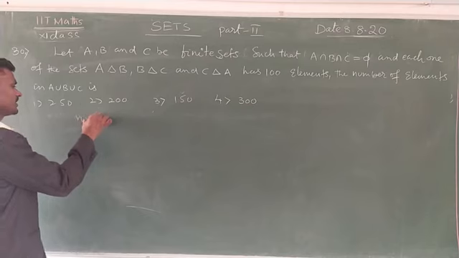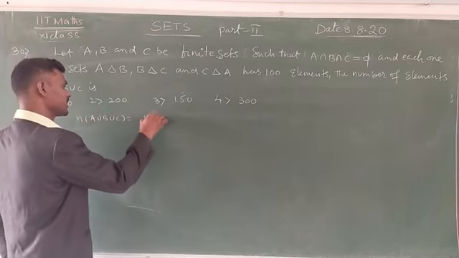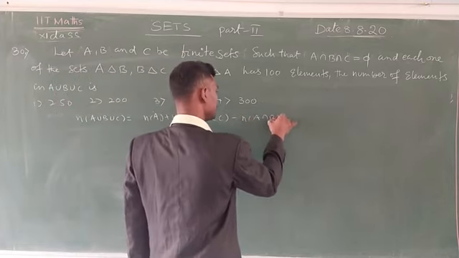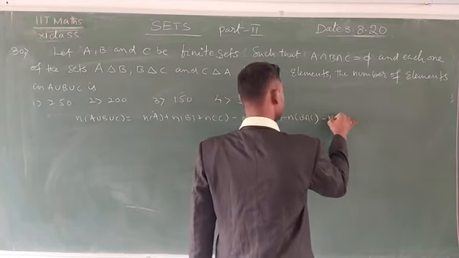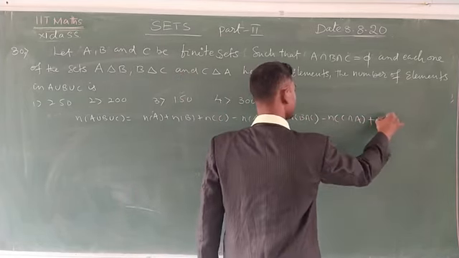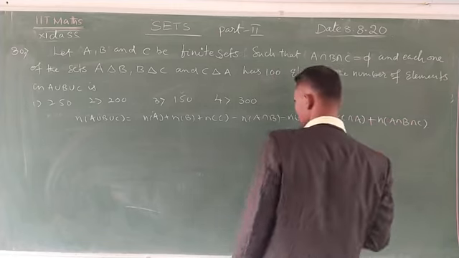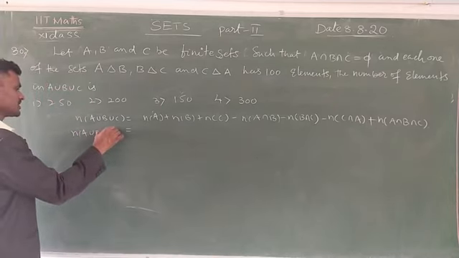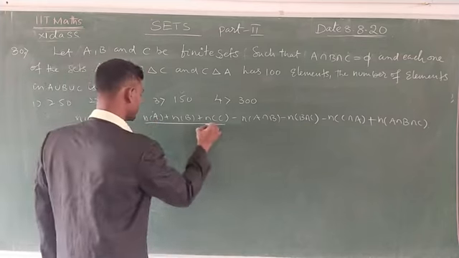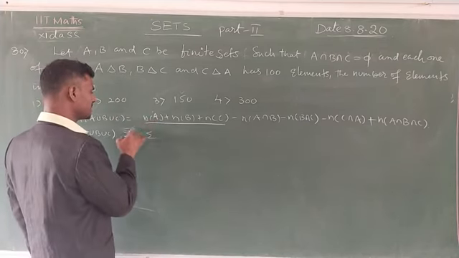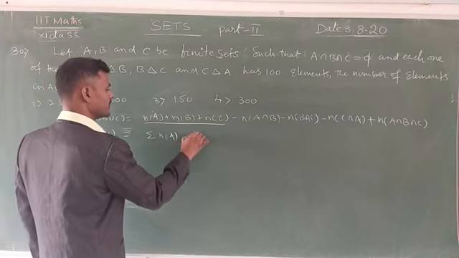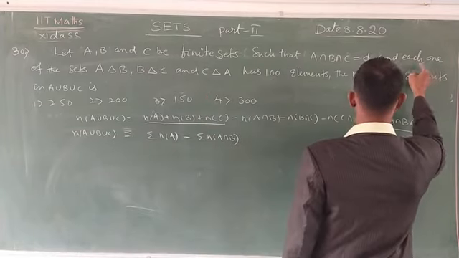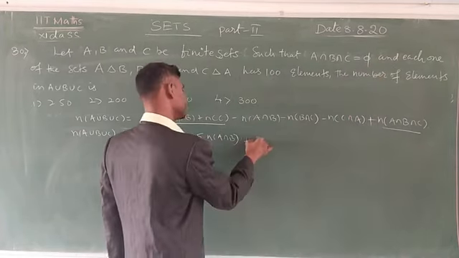Now see here, n of A union B union C is equal to n of A plus n of B plus n of C minus n of A intersection B minus n of B intersection C minus n of C intersection A plus n of A intersection B intersection C. Now see here, this can be written using sigma: summation of n of A minus summation of n of A intersection B. Here the last term is equal to 0, already given; this is pi, and pi means it is equal to 0.